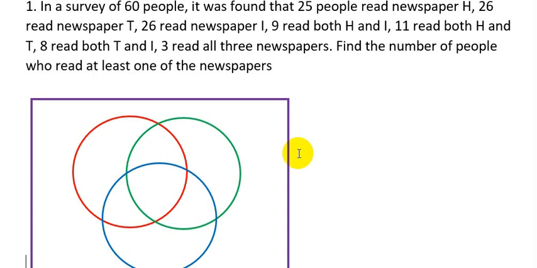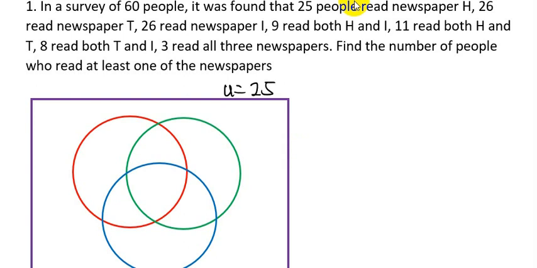Now I intentionally use three different colors so that we will understand it better. The red circle will be for one of the newspapers, the green circle will be for another newspaper, and the blue circle will be for another newspaper. The universal set is 60. I won't write the 'let' statements, that we assume we know already.